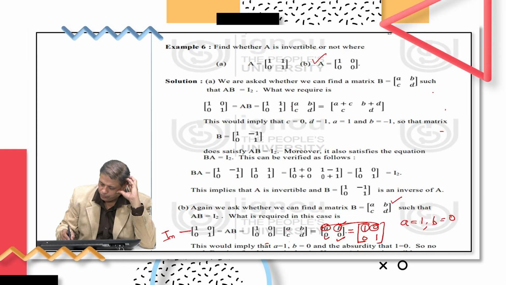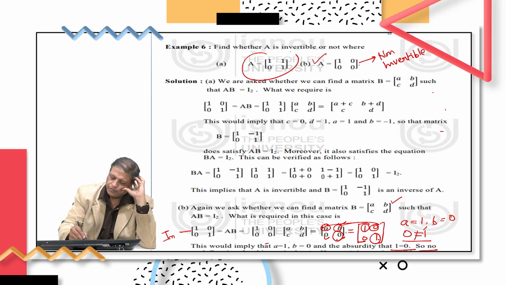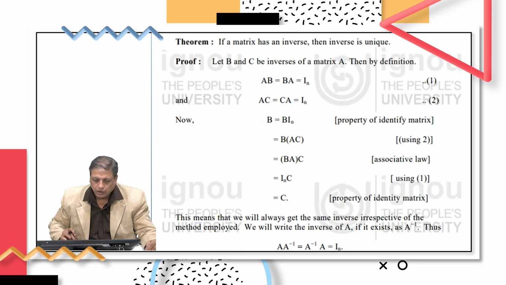But if we go for other combinations, over here the value of the diagonal element is 0 and over here the diagonal element is 1, and 0 can never be equal to 1. So that means there is no such B that exists, hence A is non-invertible. So this matrix is non-invertible and the earlier one is invertible. I hope you got it.